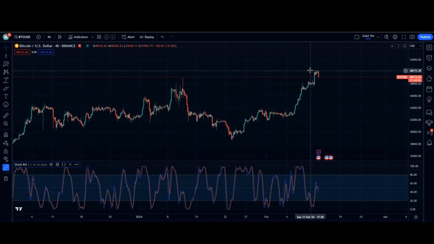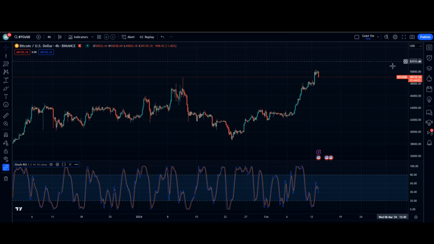So the percent K is the current price, from a percentage view, the difference between the highest and the lowest point in any period of time.